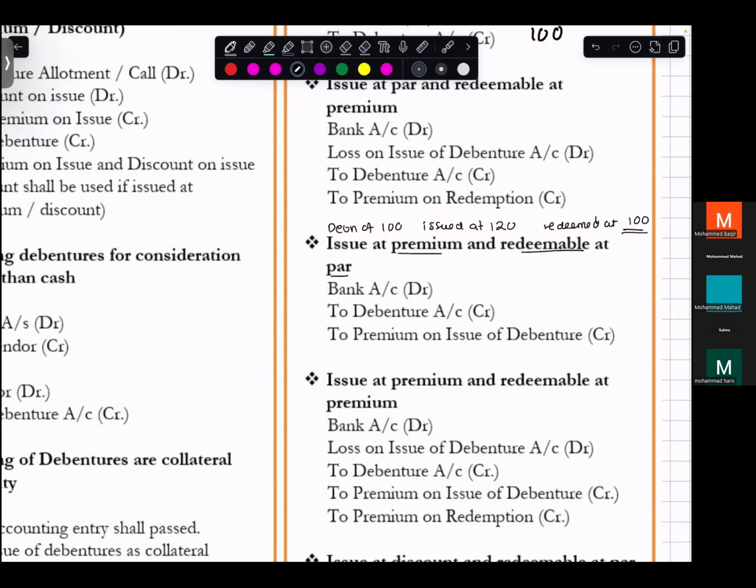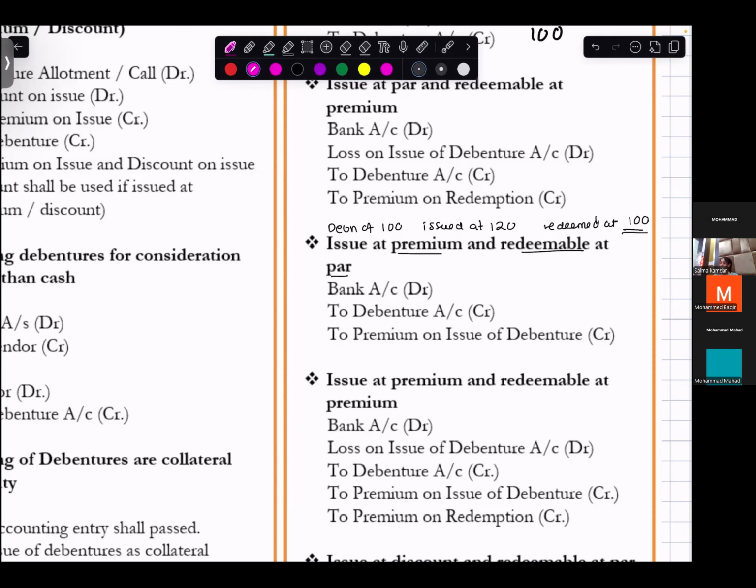Now first we pass the entry for issuing at premium. Issuing at premium is bank account debit, debentures account credit. A debenture of 100 issued at 120.